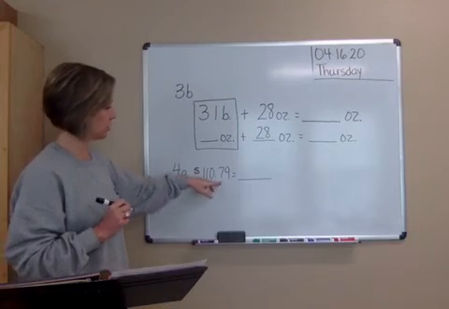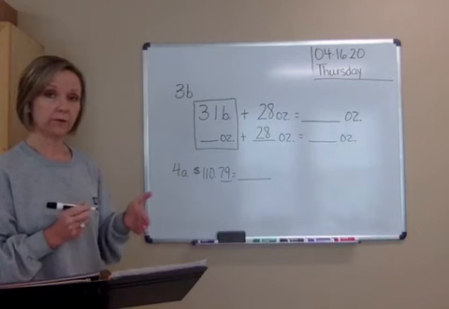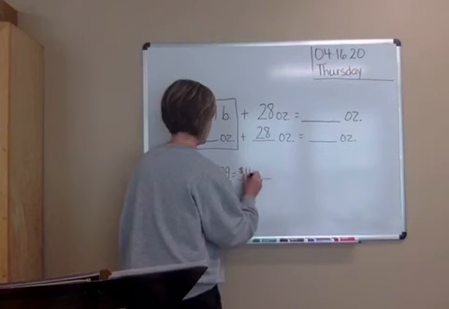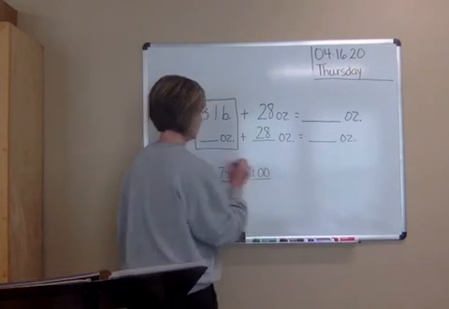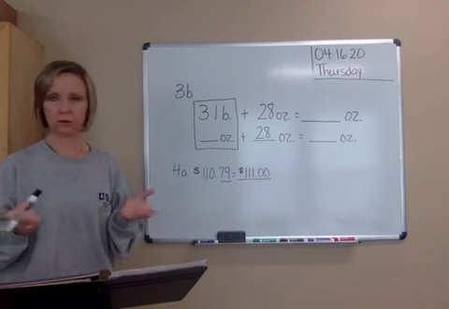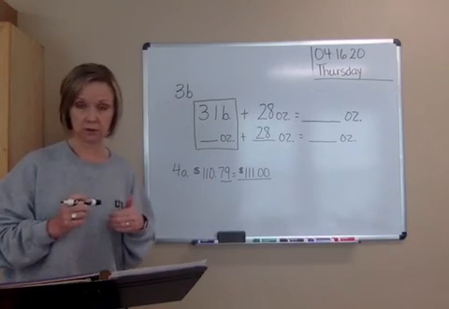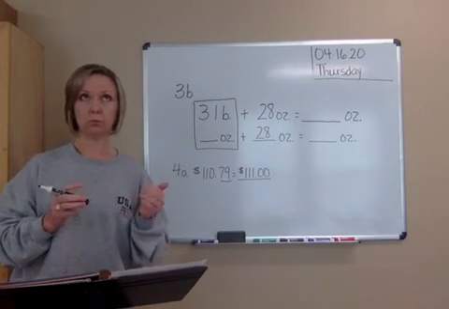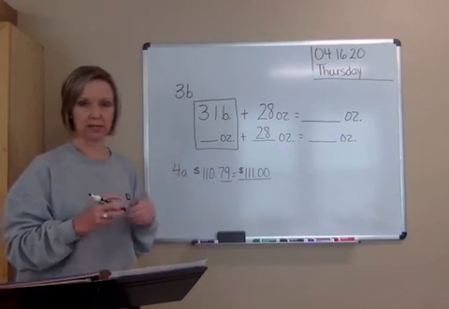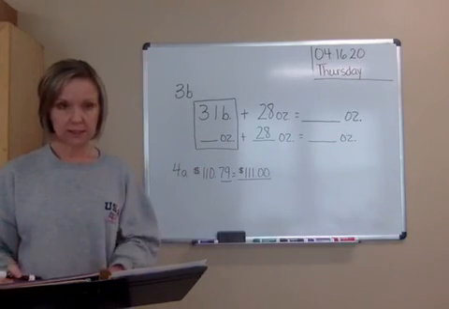You're going to look at your cents. 79 is above 50. So we're going to round up to $111. Okay? Still look at those cents. Just go up to the next dollar if you need to go up. If it was 1 cent to 49 cents, you would just stay at this dollar. Keep it rounded down. Number 5, you have 4, B, and C to do on your own.